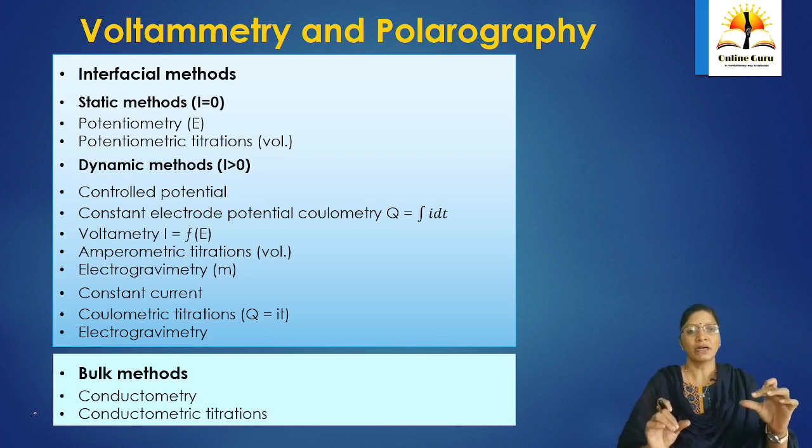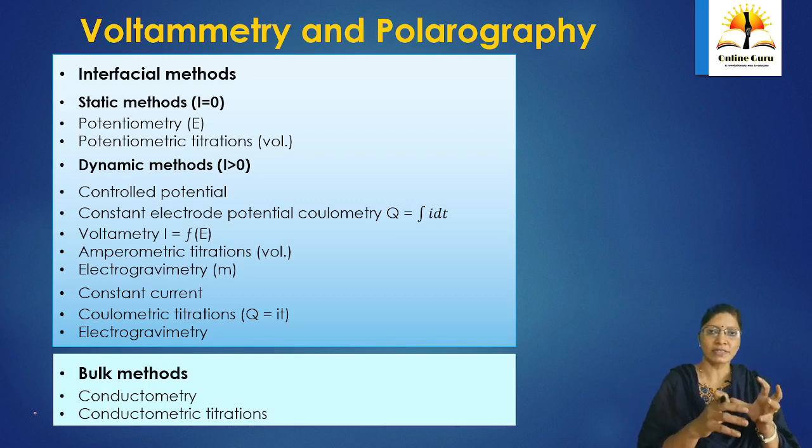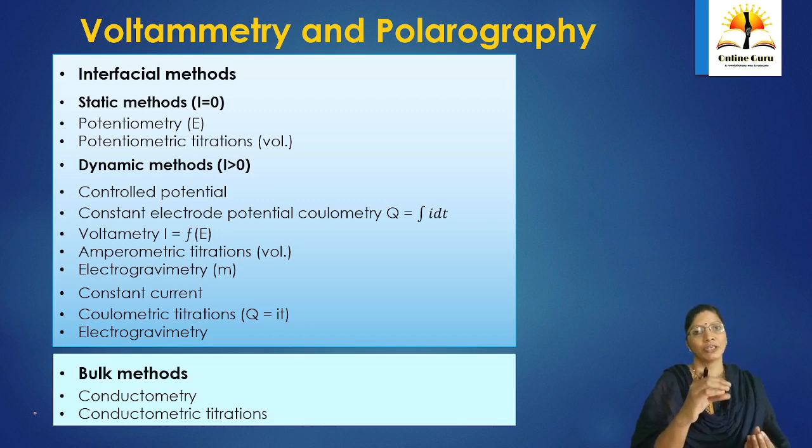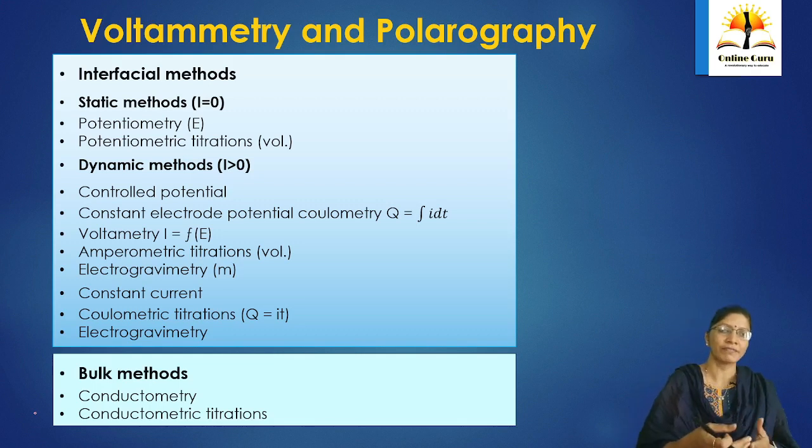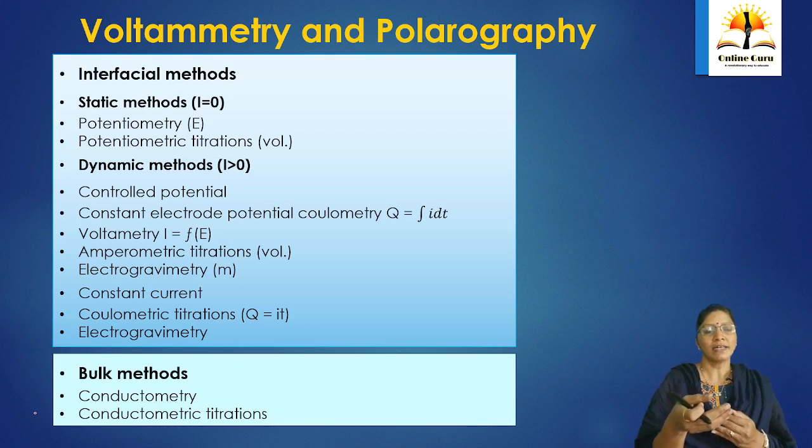Interfacial methods deal with the processes taking place near the electrode surface. The phenomena monitored near the electrode surface are called interfacial methods. Interfacial methods are further classified into static methods and dynamic methods. What is the difference between them?